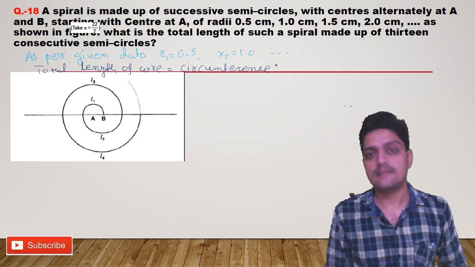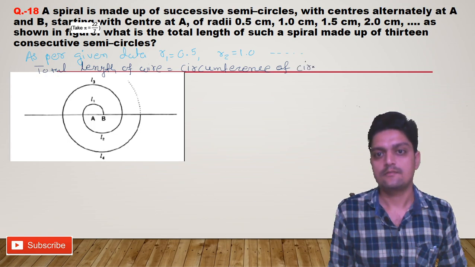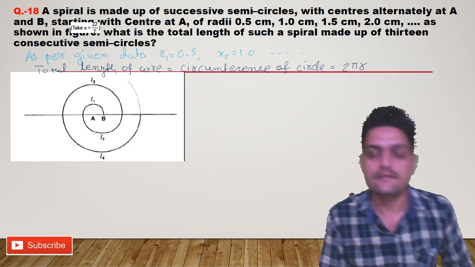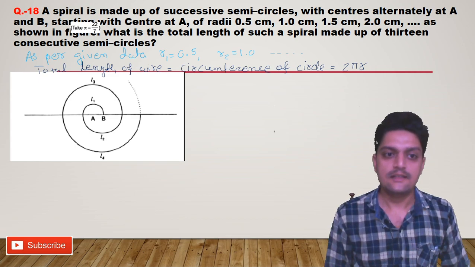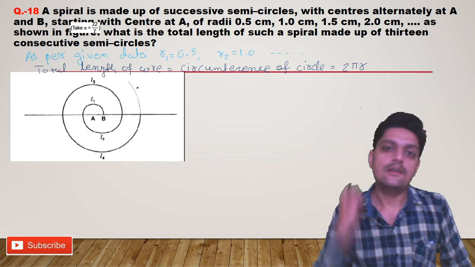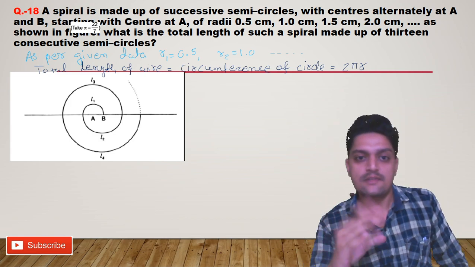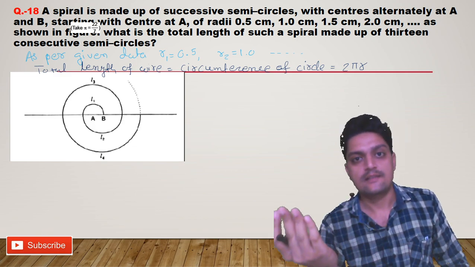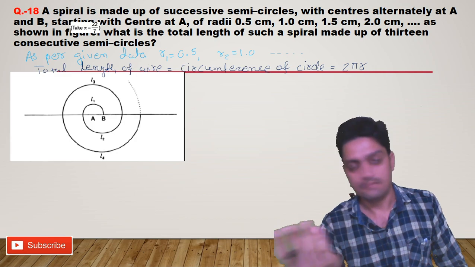Circumference of a circle is 2 pi r. You all know the circumference of a circle is 2 pi r. But here in the question, all of these are semicircles, so you have to find the circumference of a semicircle. The circumference of a circle is 2 pi r, so a semicircle is half of the circle, that is pi r, meaning 2 pi r by 2.